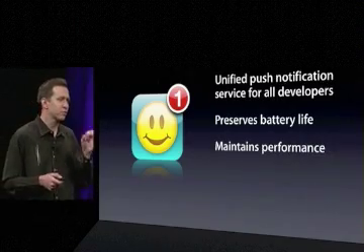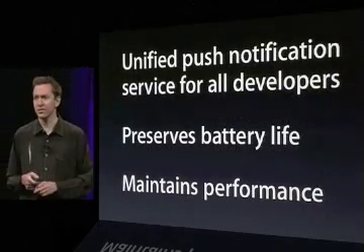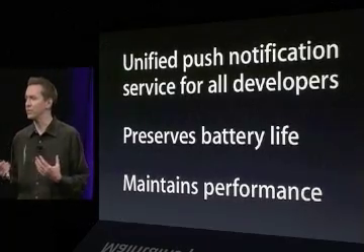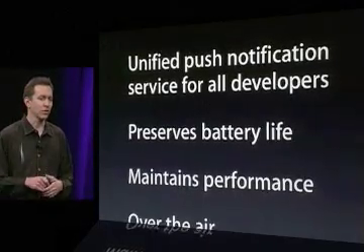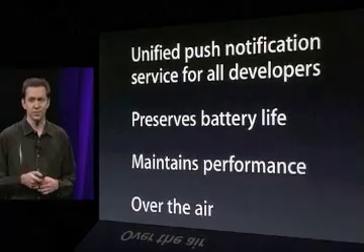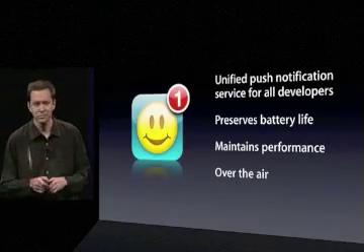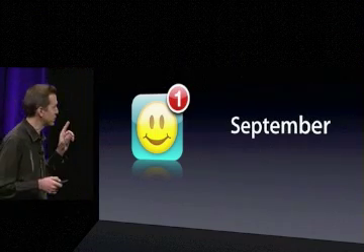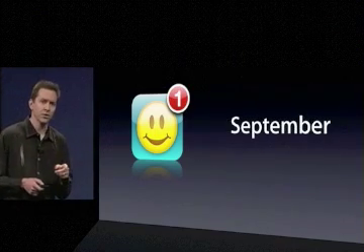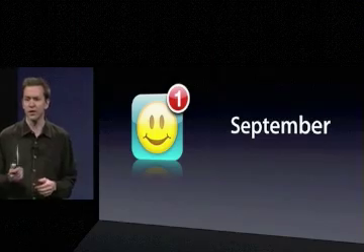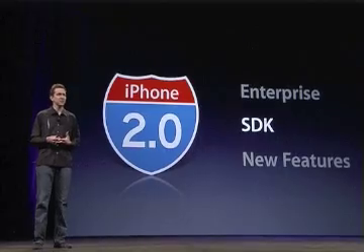It maintains performance. There aren't background processes chewing up your CPU cycles. And it all works over the air, over the Wi-Fi network and the cellular network. This will be available in September, but starting next month, we're going to be seeding developers so you can get your hands on it early. And this has been an update of the SDK. Thank you.